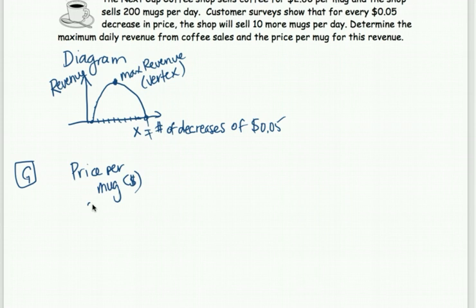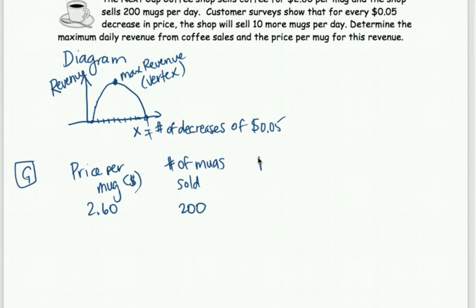And how many customers will we have? Or just the number of mugs sold, because some customers might want to drink more than one. The number of mugs sold is just mugs. So we have 200. If we have a price of $2.60, we'll sell 200.